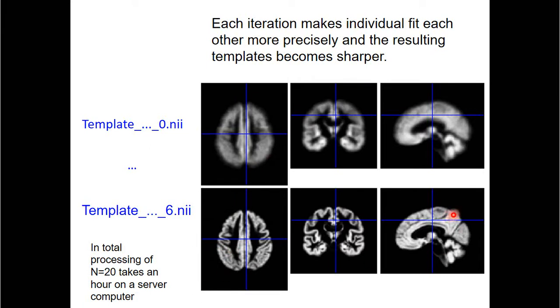You can discriminate major and even minor structures, and this is how the ultimate normalized white matter segment will look, plus or moins. And in total, let me remind you that 20 subjects takes an hour on a server.